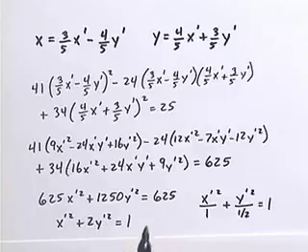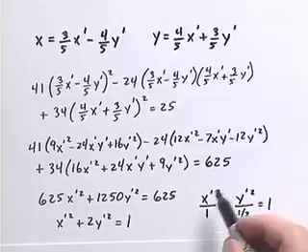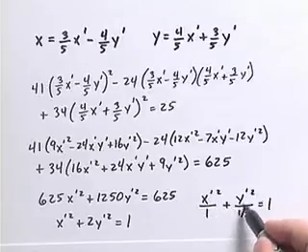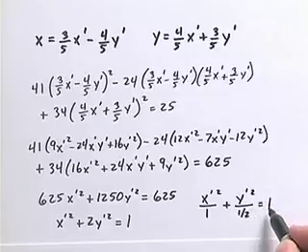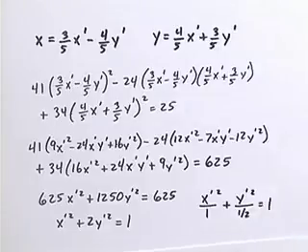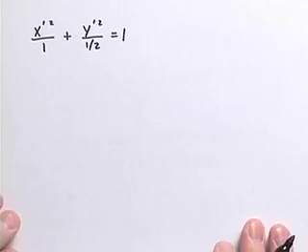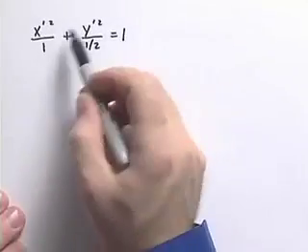Then we'll go ahead and rewrite that in this form. So we'll have x prime squared divided by 1 plus y prime squared divided by 1/2 is equal to 1. We've just rewritten our equation.